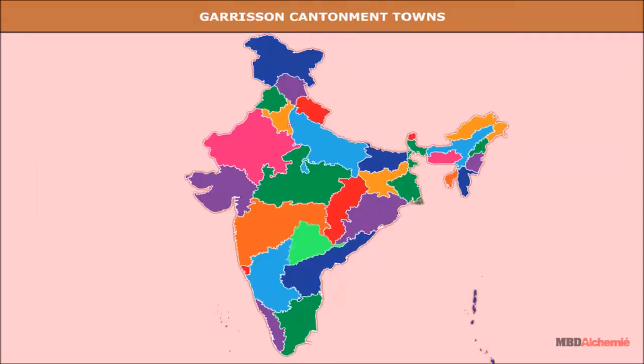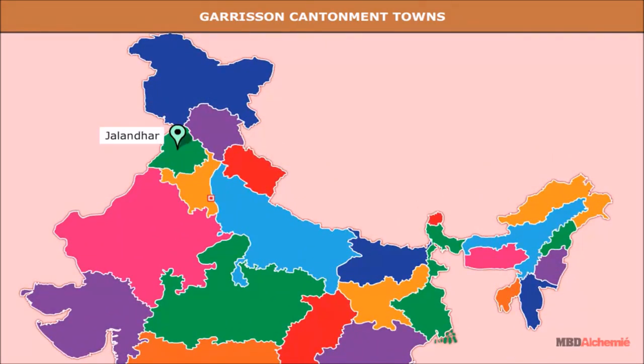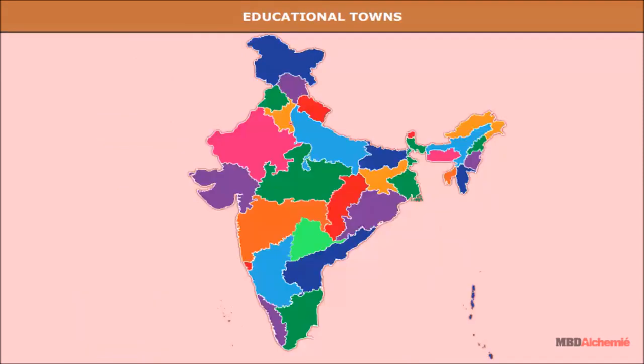Garrison cantonment towns. These towns emerged as garrison towns such as Jalandhar, Ambala, Mhow, Udhampur and Babina, etc. Educational towns.